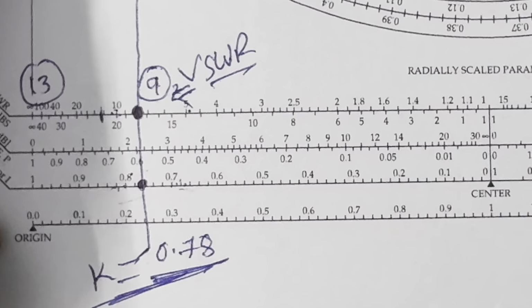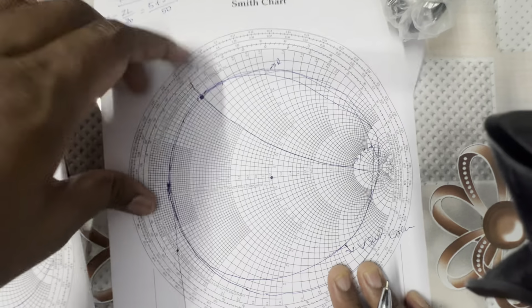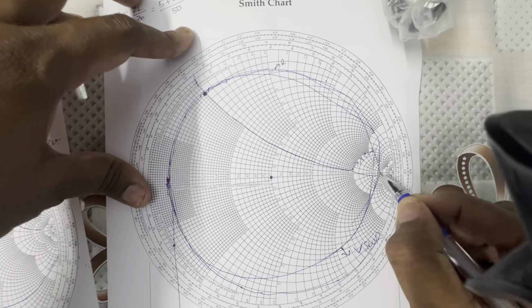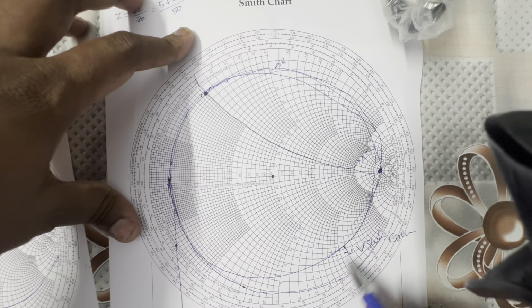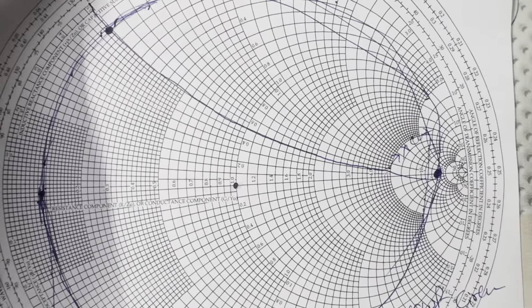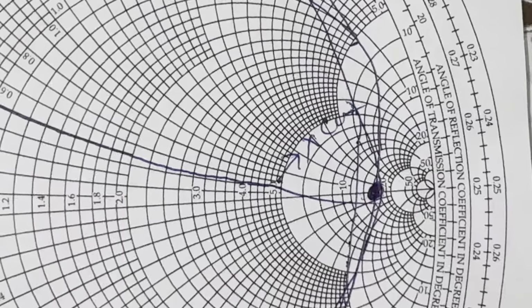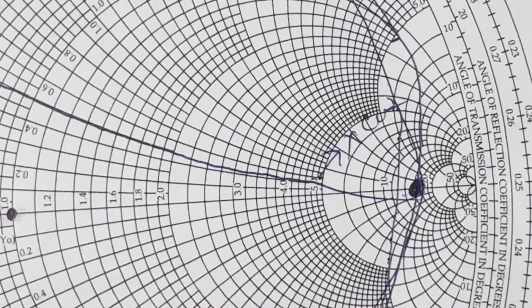Now the next value is Z maximum. Z maximum is nothing but this point where the VSWR circle strikes this center line.